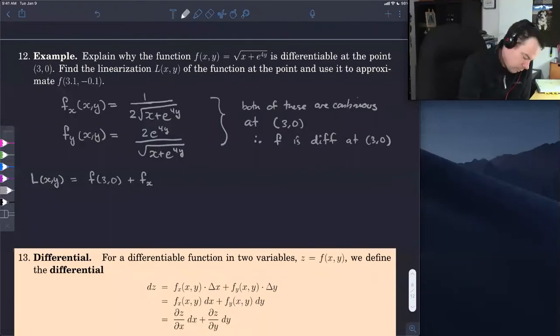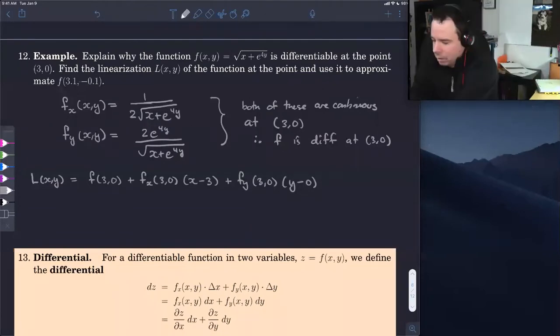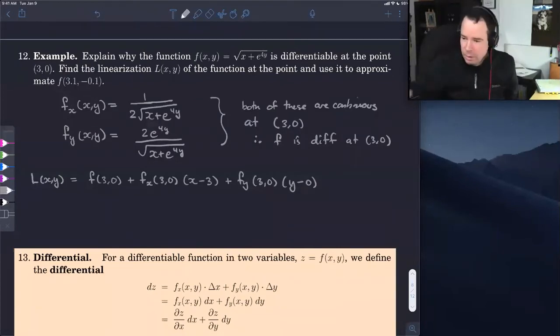So that's the x partial at (3, 0) times x minus 3, plus the y partial at (3, 0) times y minus 0. So that's essentially the tangent plane, but it's also the linearization, the linear function that gives the points on the corresponding plane.